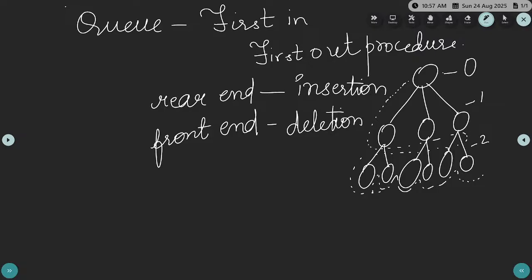Select any vertex as starting vertex and insert that vertex into Q and mark, M-A-R-K, the status of the vertex as visited.